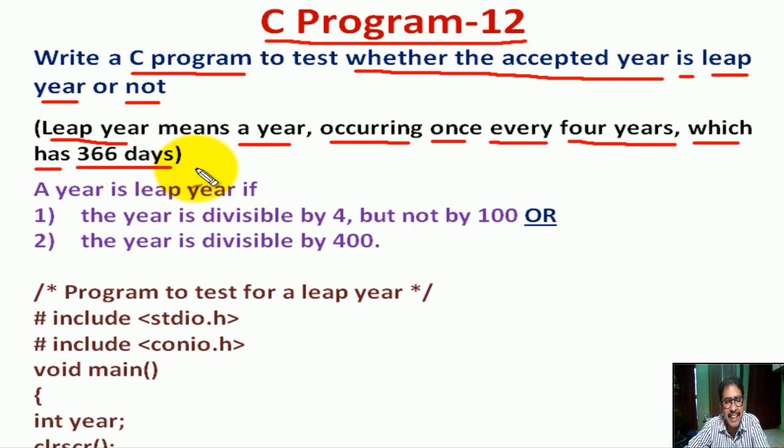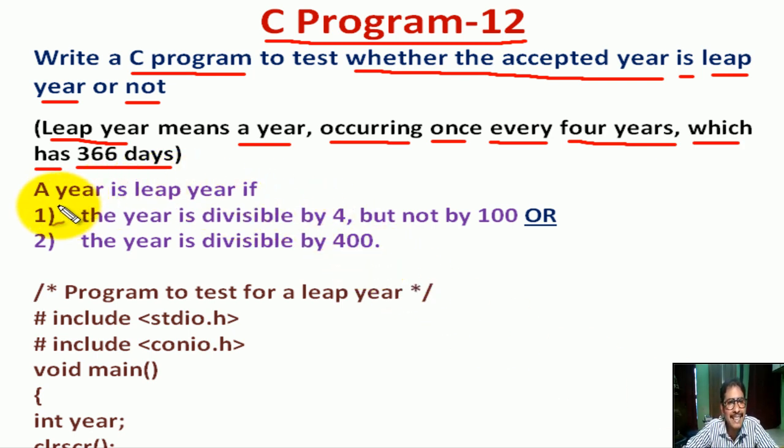The extra day is added in February month, which has 29 days instead of the normal 28 days. Okay, leap year occurs every 4 years intervals.